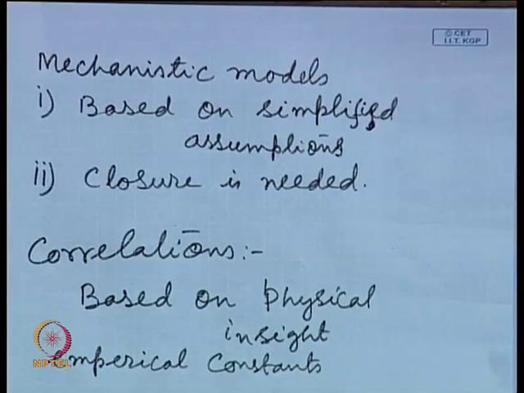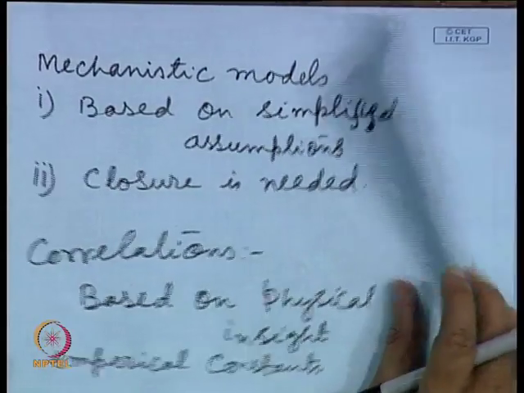Now, as far as the analysis of boiling heat transfer is concerned, we really cannot differentiate between mechanistic model and correlation. We can see more or less a mixed kind of approach, and let us see what are the different models available for boiling heat transfer.